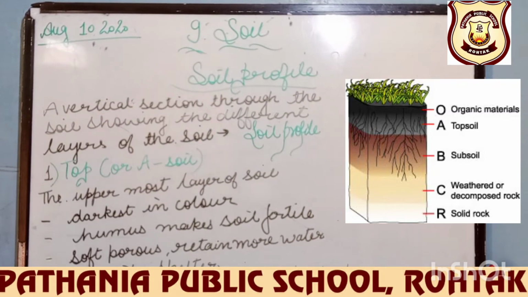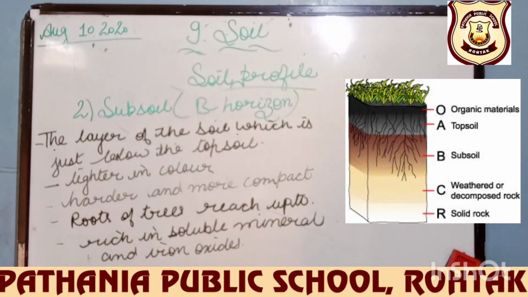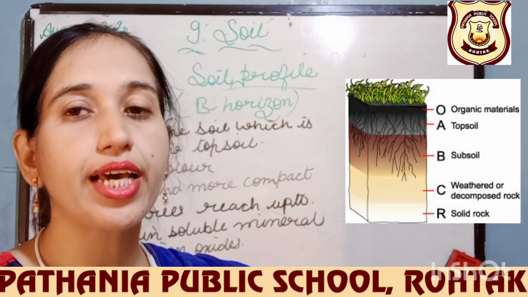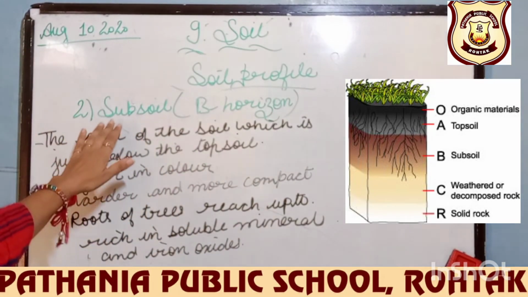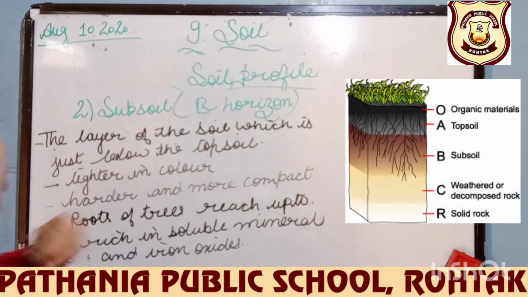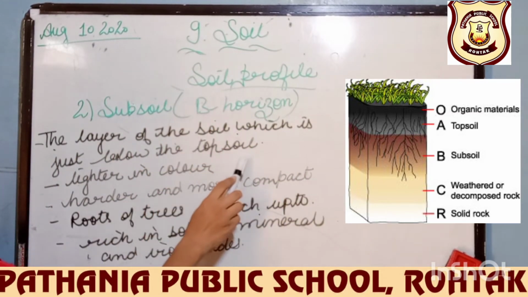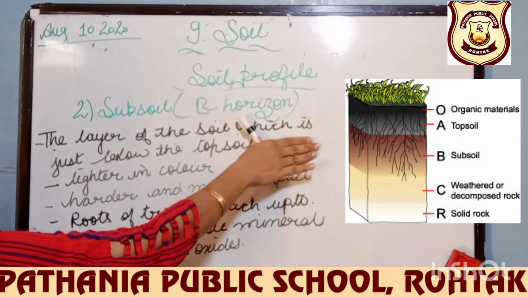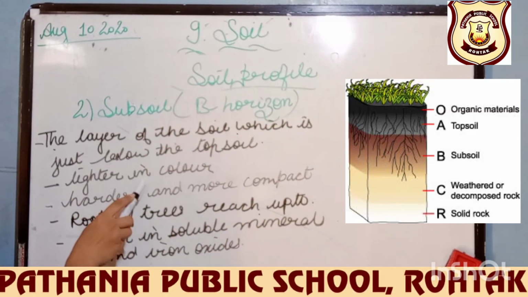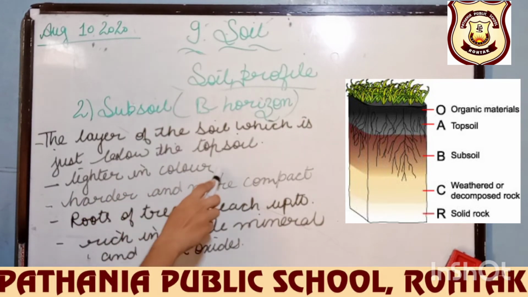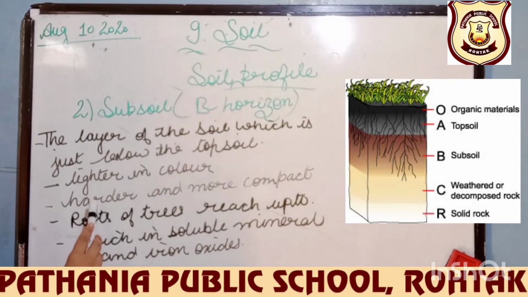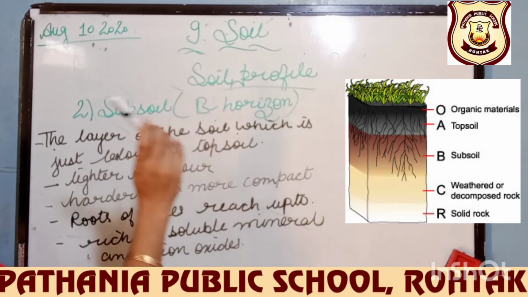Next we are going to take subsoil. Next beta, we are going to take the second layer, that is called subsoil, or B horizon. The layer of the soil which is just below the topsoil is lighter in color than the topsoil, and harder and more compact than topsoil, and the roots of the trees generally reach up to this level.